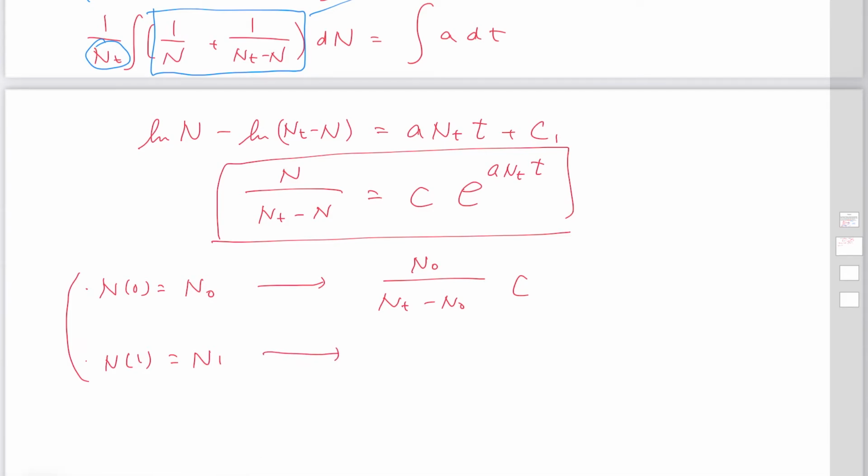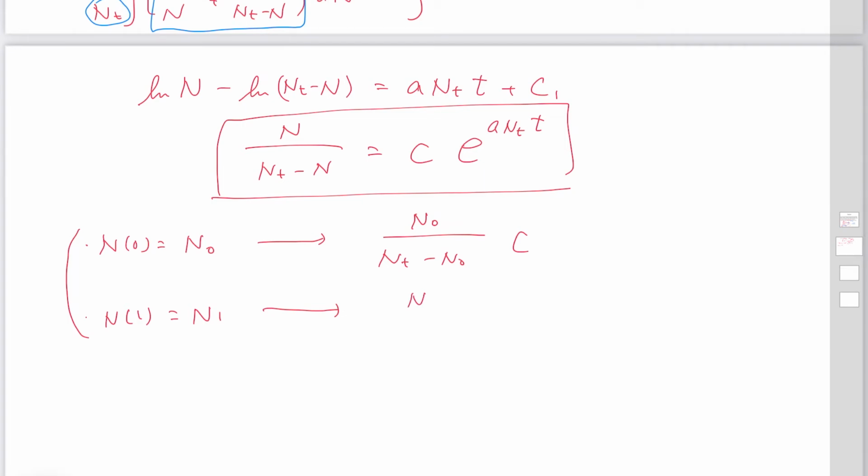From the second equation, n sub 1 over n sub t minus n sub 1 equals c exponential a n sub t. We can determine these two unknown constants, c and a, using these two equations.